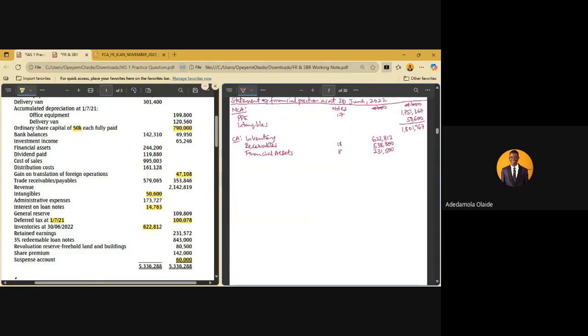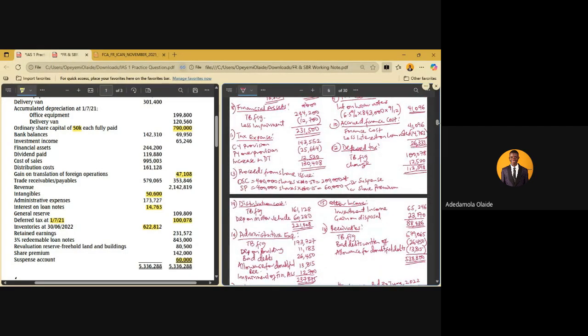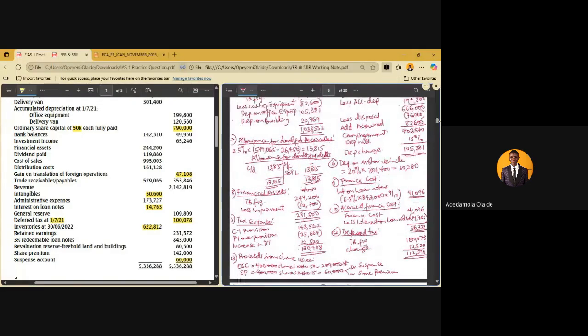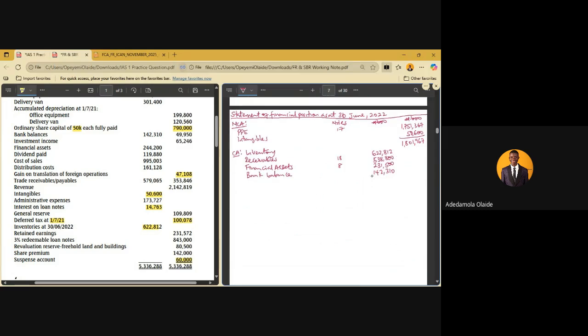Beside that, what else do we have? We have bank balance, 142,310. Aside that, I don't think we have any other thing left. In the absence of any other thing, the summation is how much? And what will be our total assets?